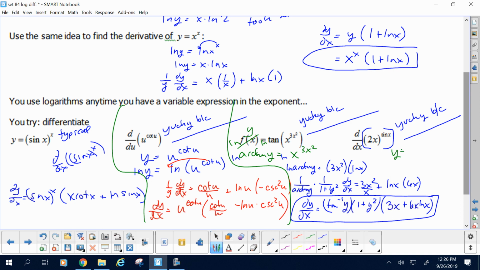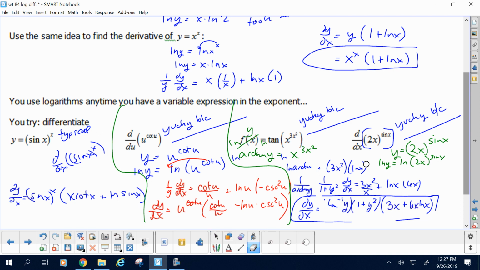Y is, we're going to start off with making it two-sided. And it is y equals 2x in parentheses to the sine of x. Right? Now what should I do? Natural log. Natural log of y equals natural log of the whole side. I have to erase this.